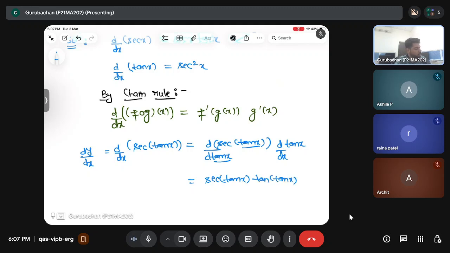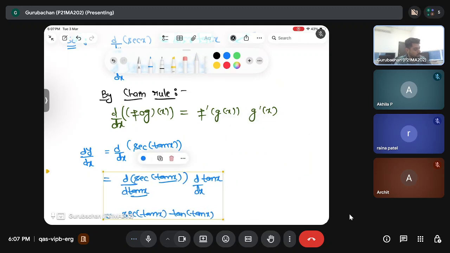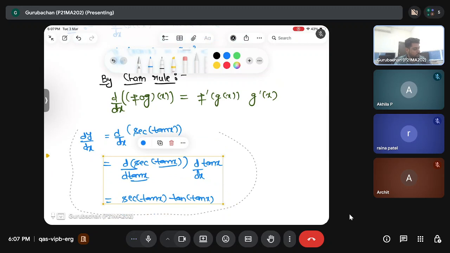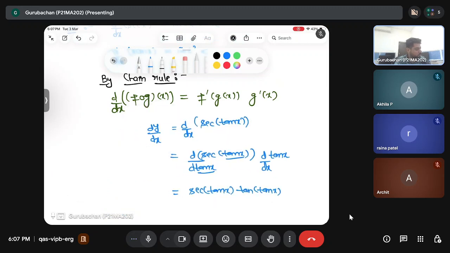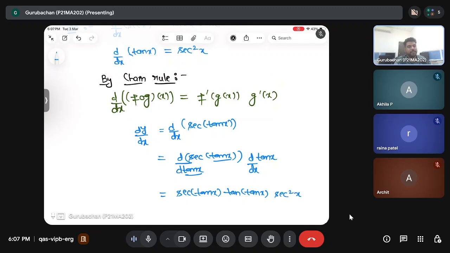The next one will be secant square x. One way is to see it like this.